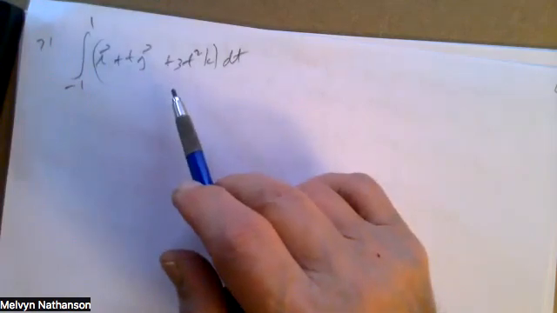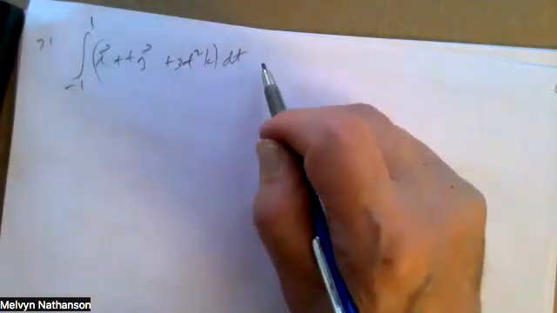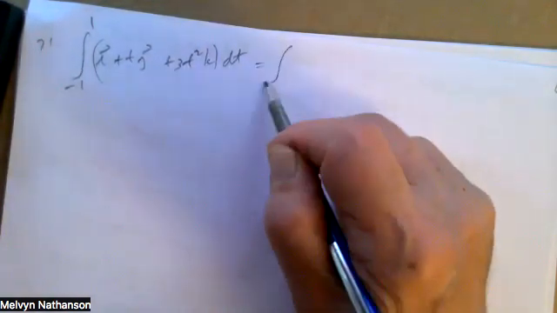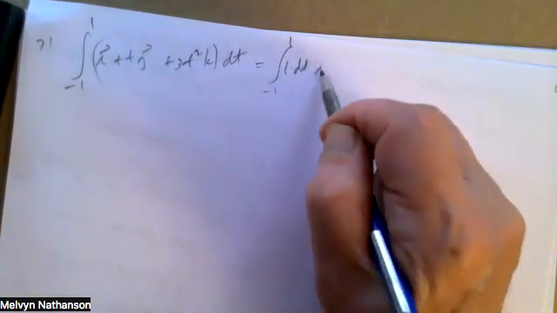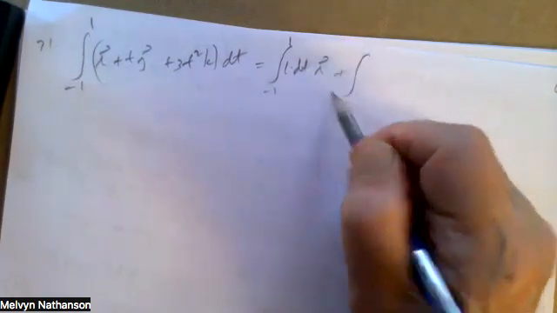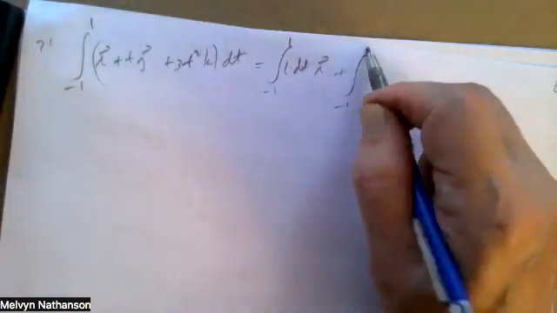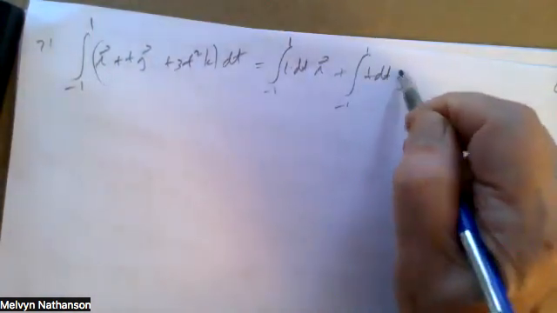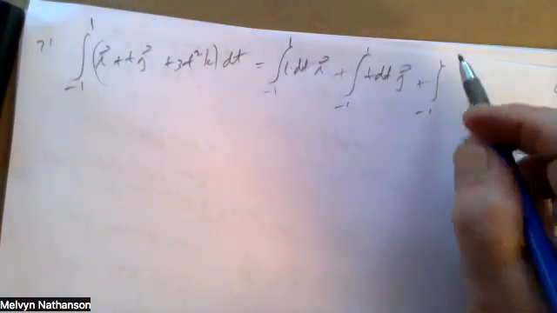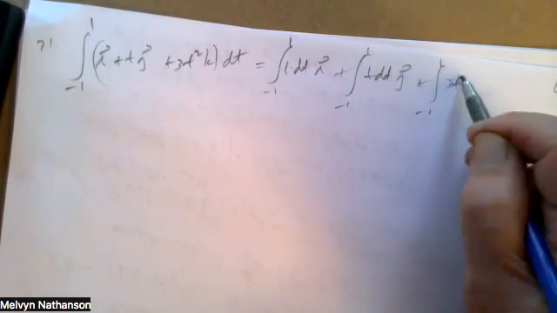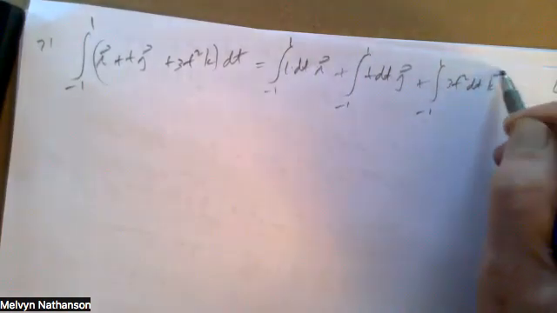So we separate this into the x, y, and z coordinates. This is the integral from -1 to 1 of 1 dt i plus the integral from -1 to 1 of t dt j plus the integral from -1 to 1 of 3t squared dt k.